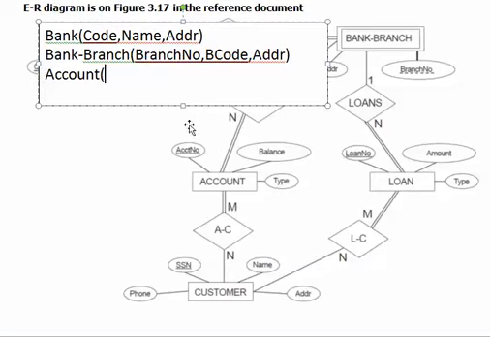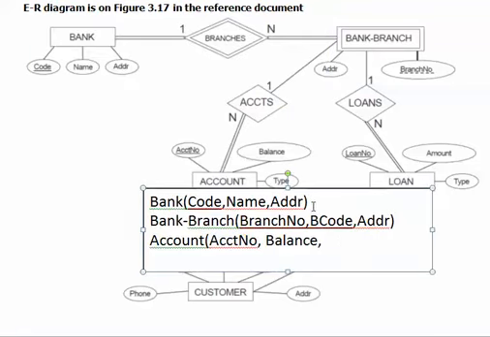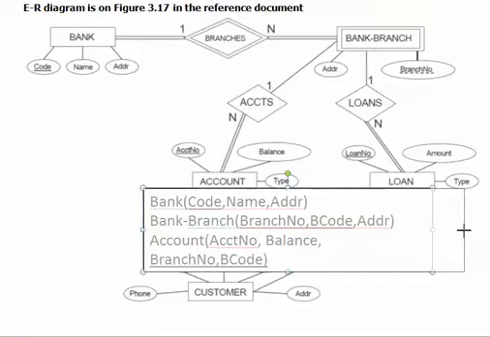So then this is account number and balance, and the key from bank, which is the foreign key. Well, let's copy that from here: branch number and bank code. Control C, and then let's give them more space.